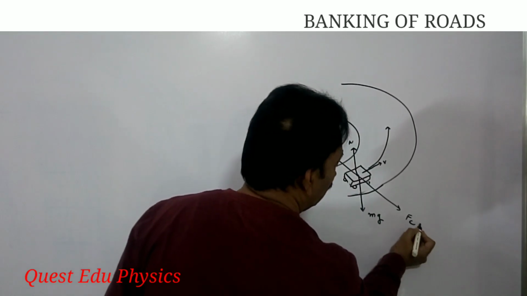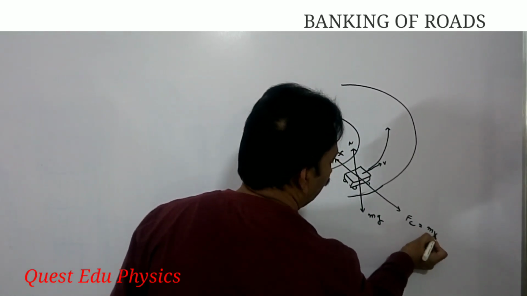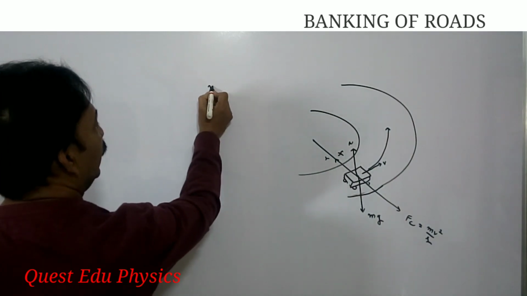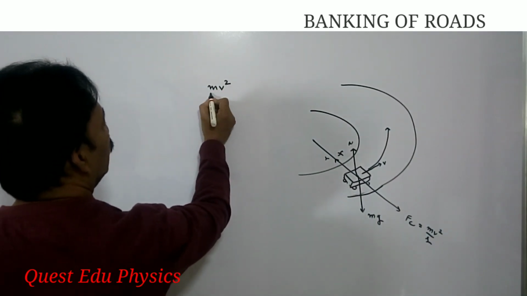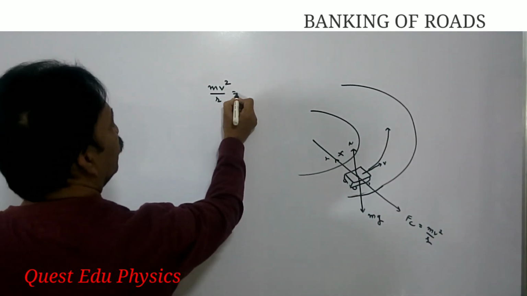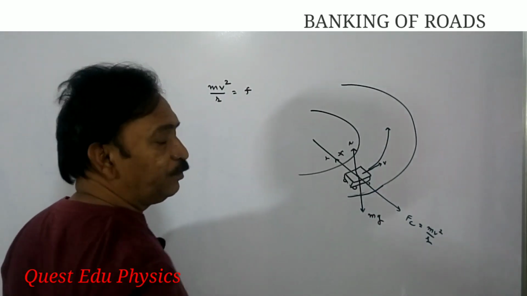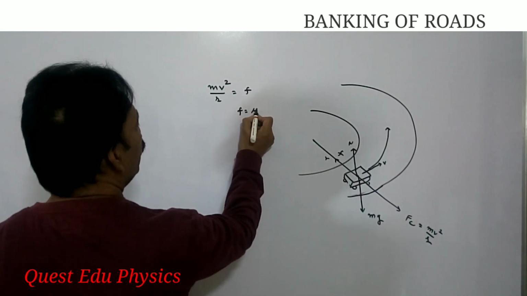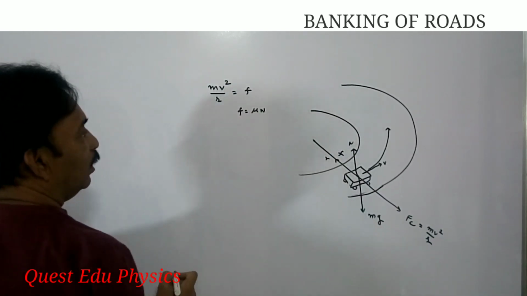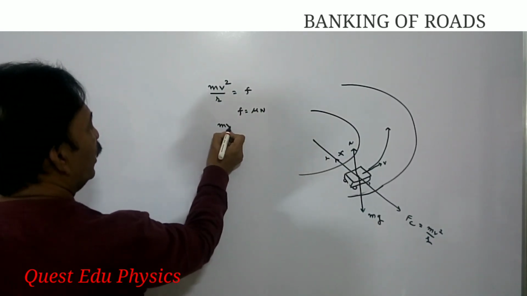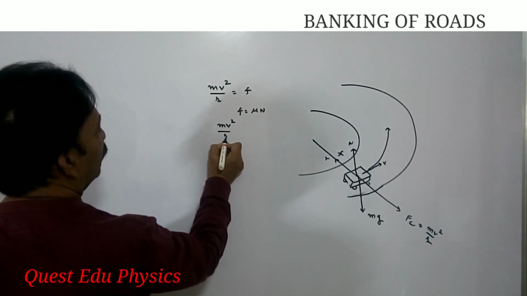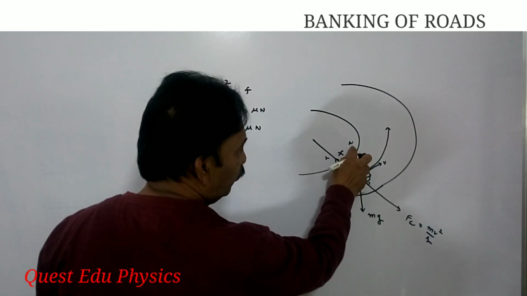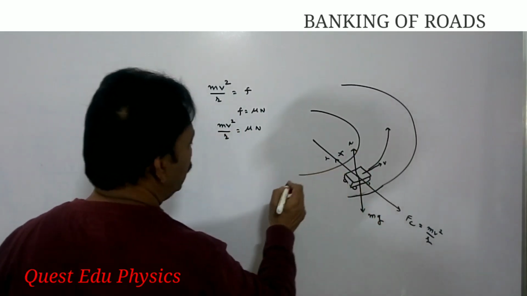As you know, the centripetal force is equal to mv square by r, and it has to be balanced with the frictional force. Frictional force is equal to mu N. So mv square by r is equal to mu N. You watch the diagram carefully. N is equal to mg.